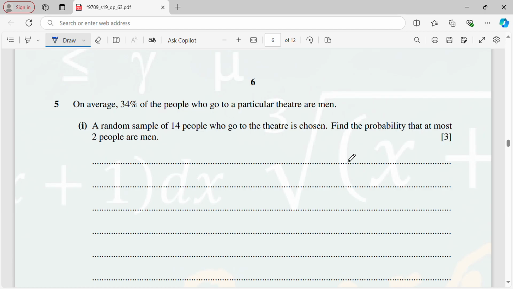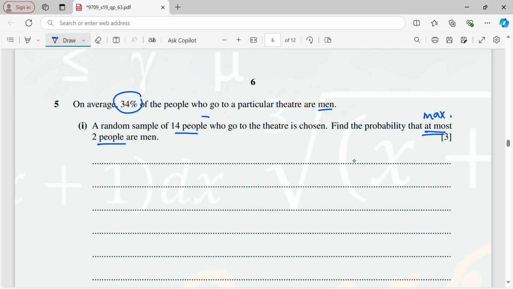Okay, now next question number 5. On average, 34% of people who go to a particular theater are men. First part, a random sample of 14 people who go to the theater is chosen. Find the probability that at most 2 people are men. So at most means maximum.